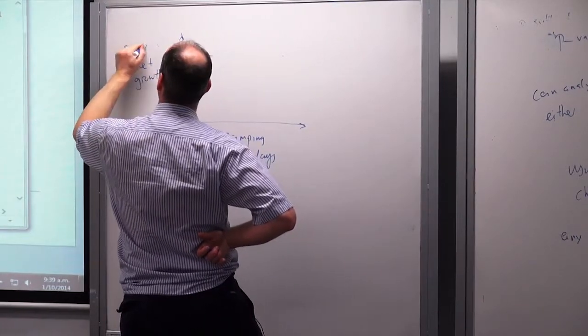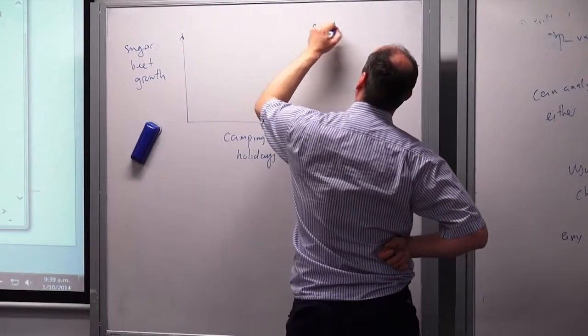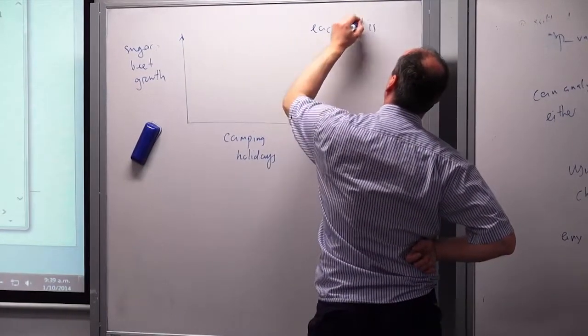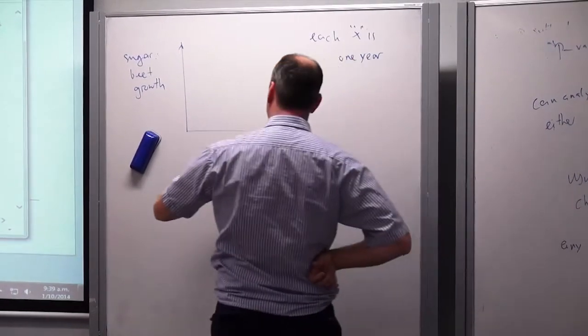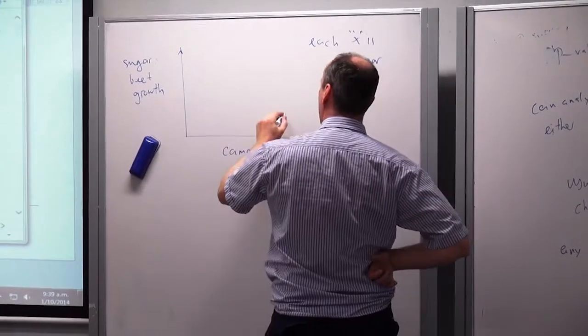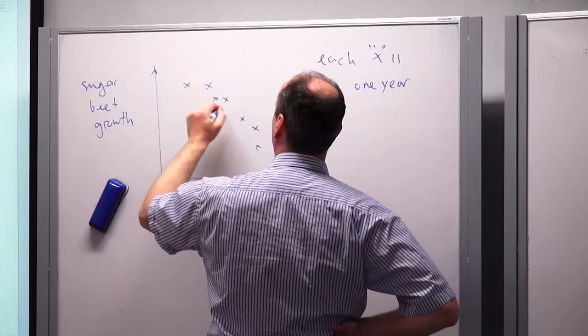Sugar beet growth. And you can collect a nice data set like this, and it looks like that.